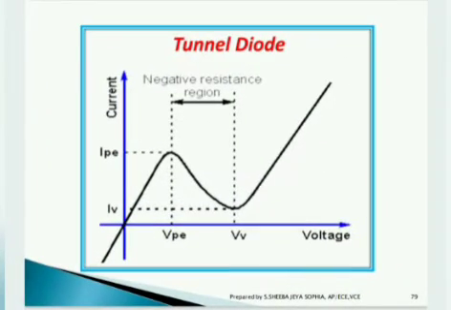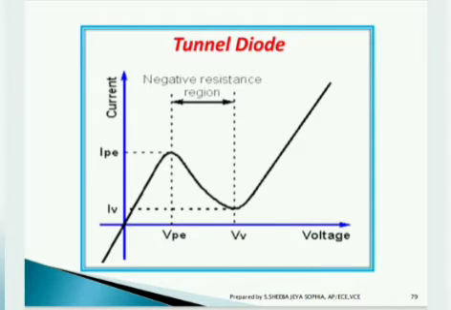Regarding the VI characteristics of the tunnel diode, which is drawn as voltage versus current, initially as the voltage starts increasing, the current also increases. Then when the voltage increases further, the current drops to a lower value, and after that the current again starts increasing.